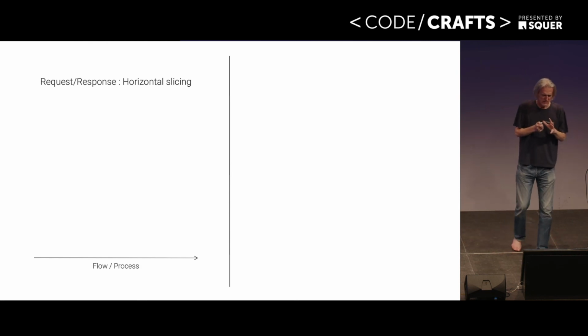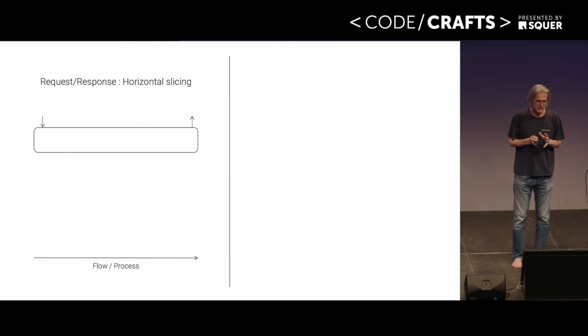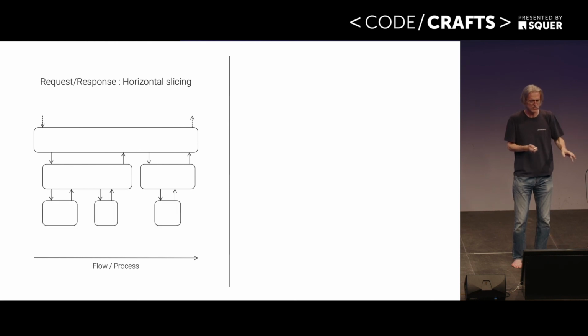Request-response gives you more of a horizontal slicing. So you have this functionality where you call in and then you say, well, let's decompose that a little bit into smaller parts, which we call. So call stack thinking, basically, how we design our systems internally.